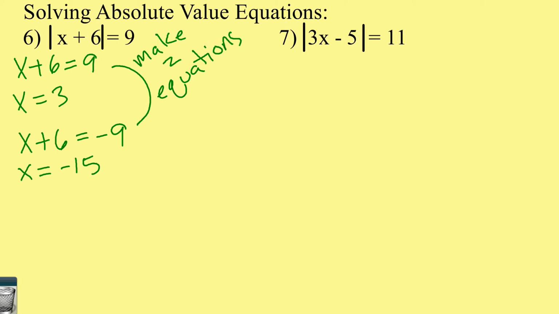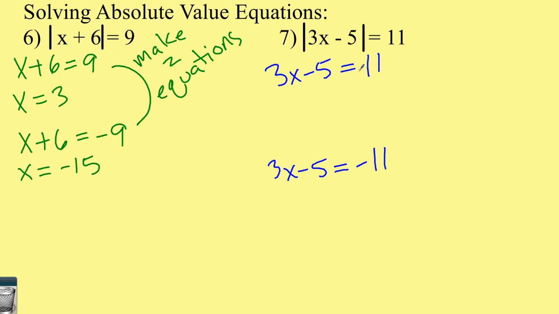All right, we do that by having the absolute value equal something. Okay, so like for number 7, we're going to have 3x minus 5 equal, and 3x minus 5 equal. You make one with the right hand side exactly how it is, so 11. And then the next time you do the opposite, because if what's inside also was -11, it would also work.